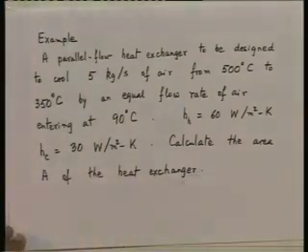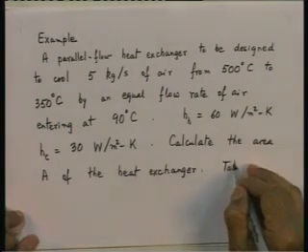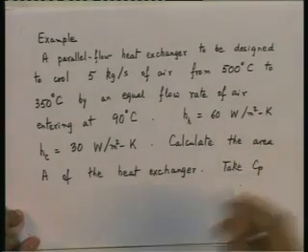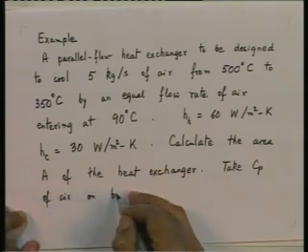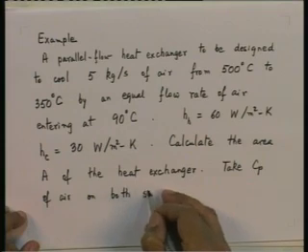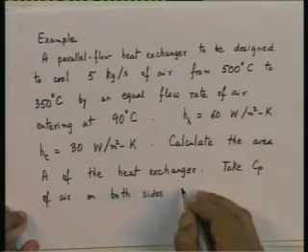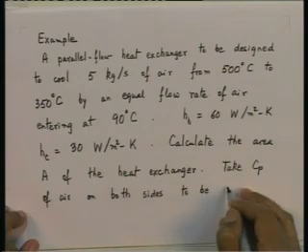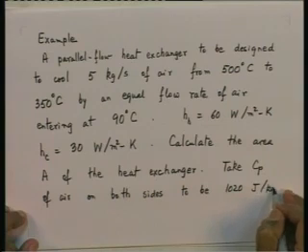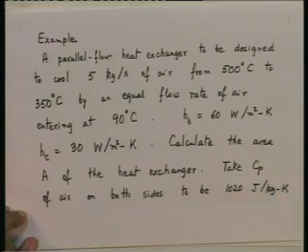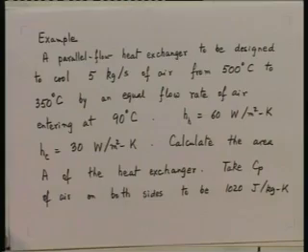That is the example to be solved. Take Cp, we will need the value of Cp. Take Cp of air on both sides to be 1020 joules per kilogram Kelvin. Take this value of Cp. So, design a parallel flow heat exchanger, that means find the area A of a parallel flow heat exchanger for given conditions.